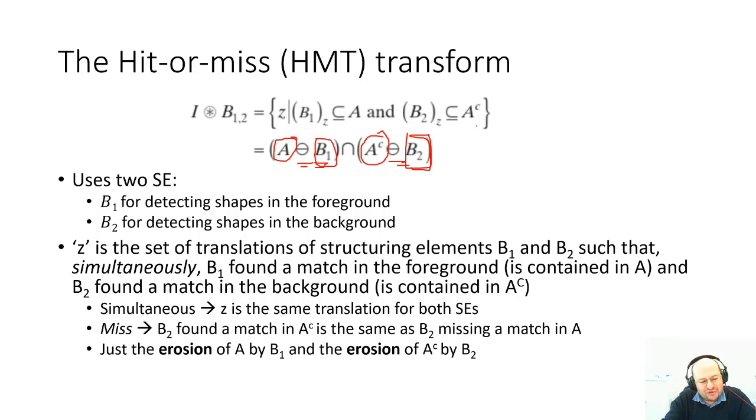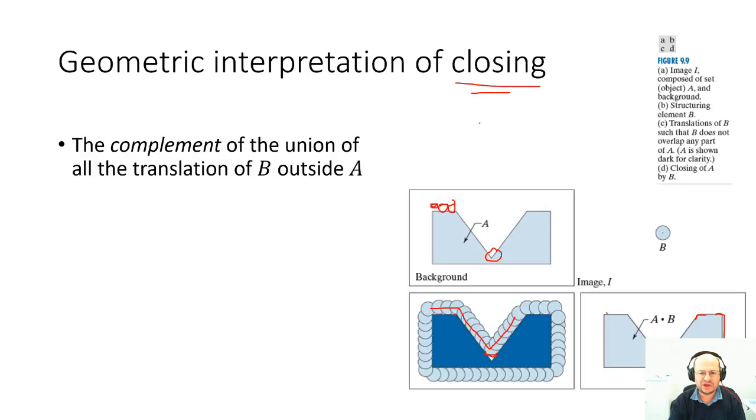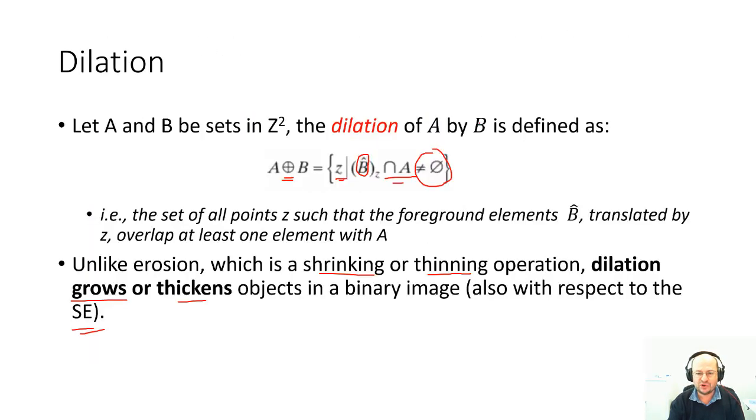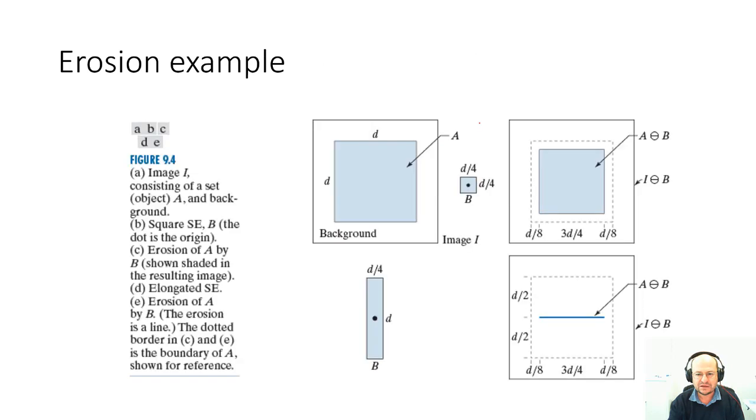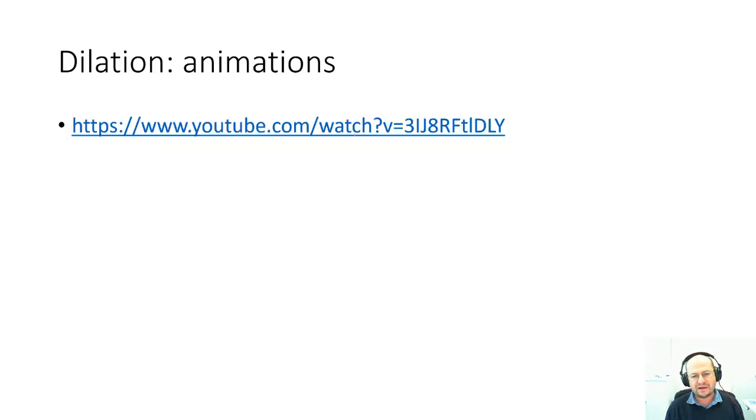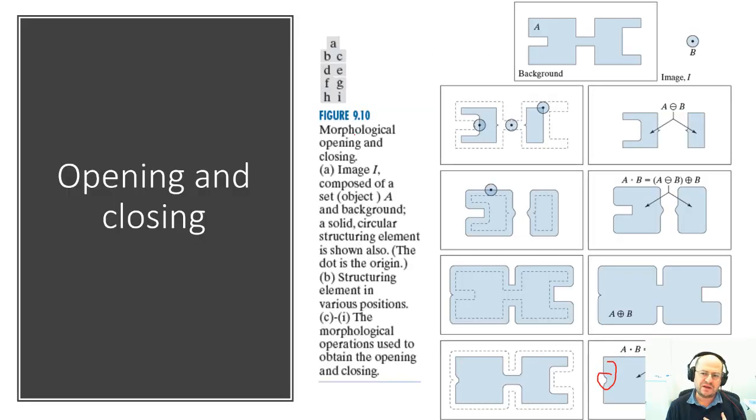So we can see erosion actually requires the structuring element to fit totally inside of the object. We can use it for detecting shapes, and that's the main idea behind hit or miss.